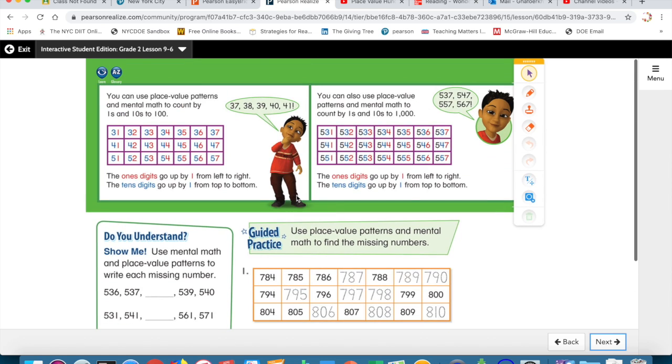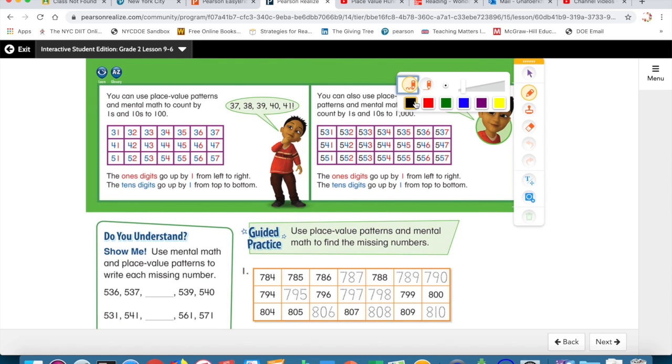And we're going to go to page 542. Flip to that page, and let's talk a little bit about what's happening here on the top. So when you look at a hundreds chart, there are numbers, right? And each number has a value. So for instance, here, the number 31, the 1 has a value of 1, and the 3 has a value of 3 tens or 30.